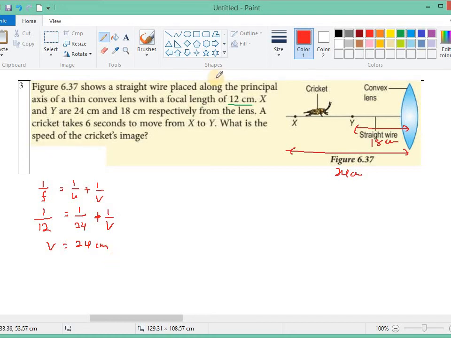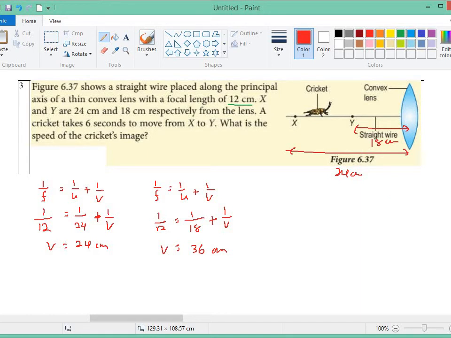It is 24 centimeter. Next we calculate, if at Y, what is the image distance? Focal length 12 centimeter, object distance 18 centimeter. We get 36 centimeter.